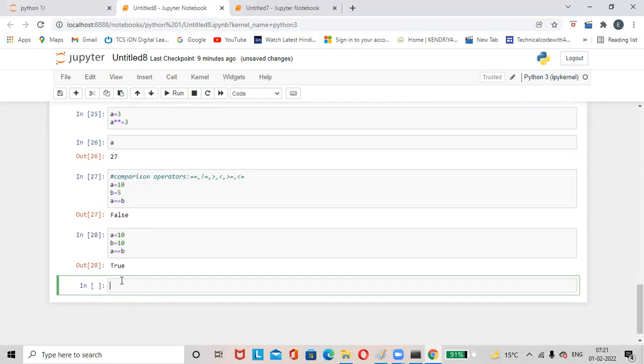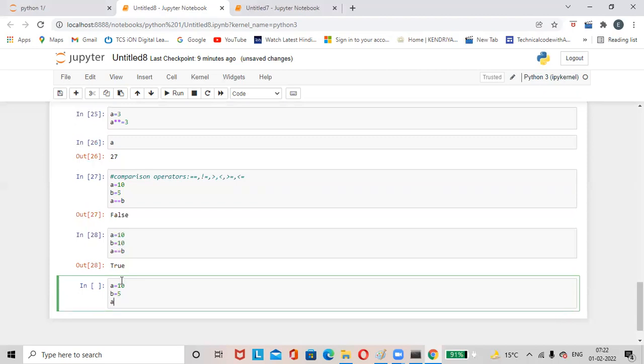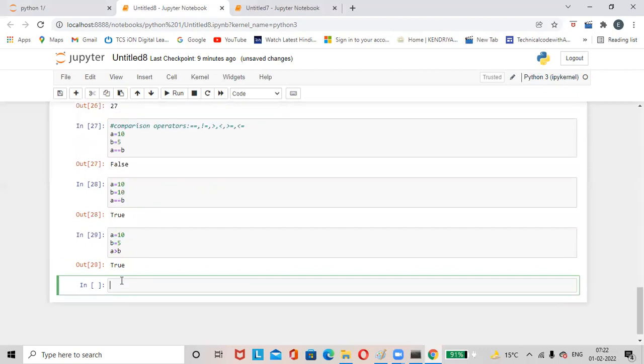Why? Because both the A and B values are the same. Okay. A equals 10, B equals 5. A is greater than B. The result is true. Why? Because A value is 10, B value is 5. So obviously A is greater than B.